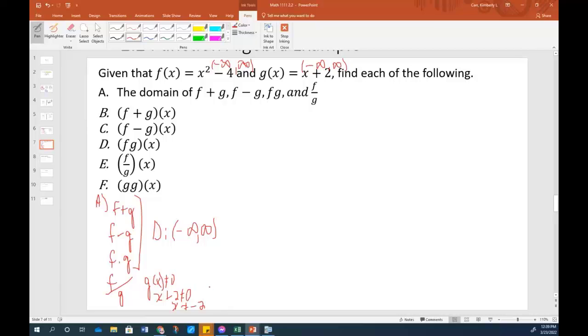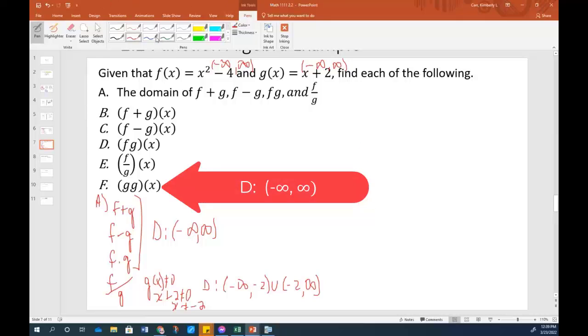So the domain is going to run, it could be just like the other ones, except that I have to skip over negative 2. So for this last one, the domain goes from negative infinity to negative 2, unioned with negative 2 to infinity.